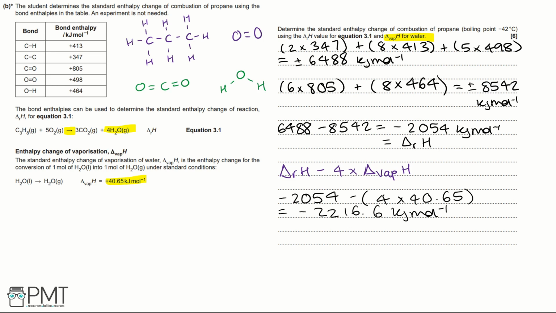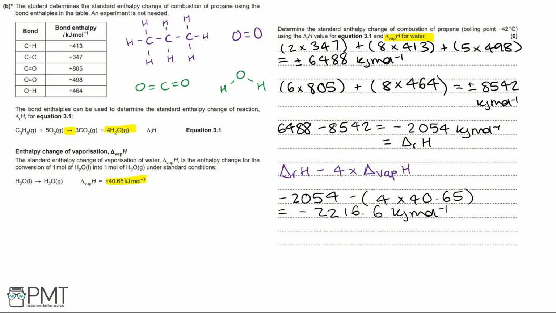So this is a level response question, which means there aren't specific marking points. Instead, to get the 6 marks, you need to calculate your enthalpy change of reaction for reaction 3.1 correctly with the correct sign, which we have done, that's minus 2,054 kilojoules per mole. And we need to calculate a value for the enthalpy change of combustion of propane using the enthalpy change of reaction and for enthalpy change of vaporization.